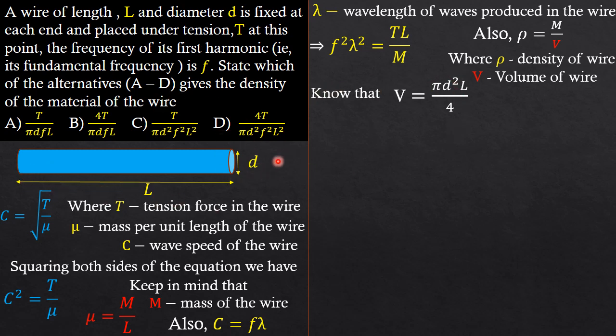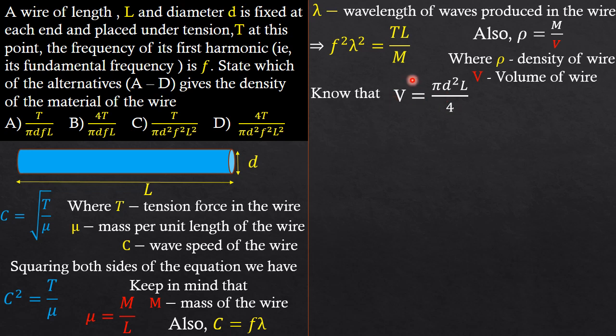Our radius is simply the diameter divided by 2, right? If you square that, we have the diameter squared over 4 as the radius squared. That's why we have the volume V to be pi d squared L over 4.